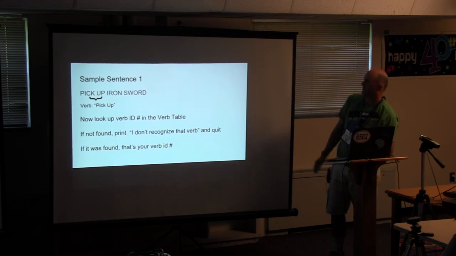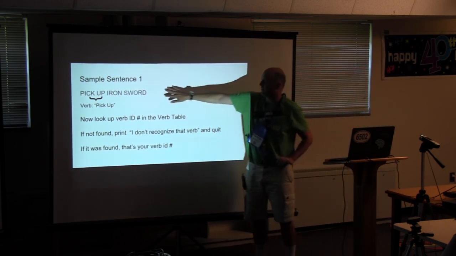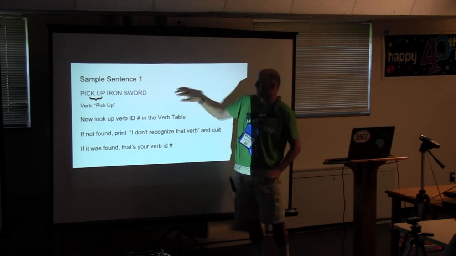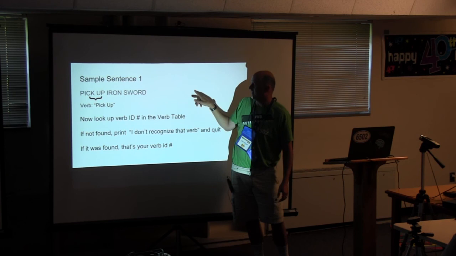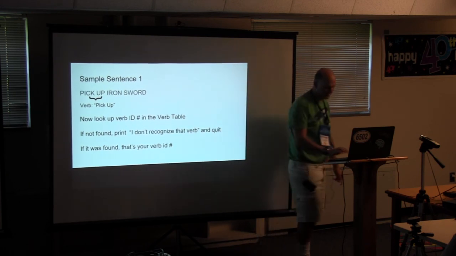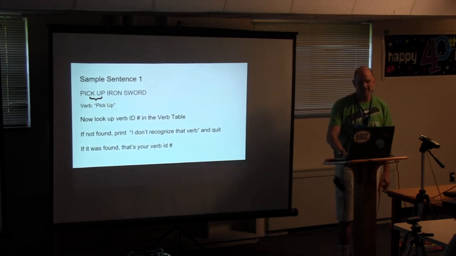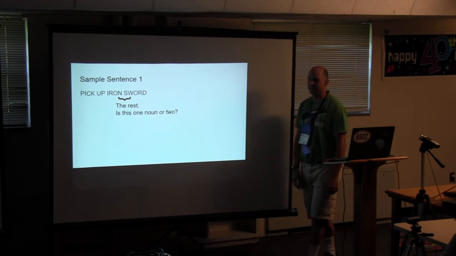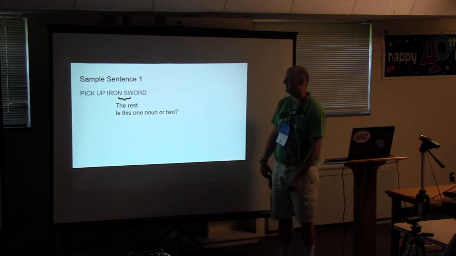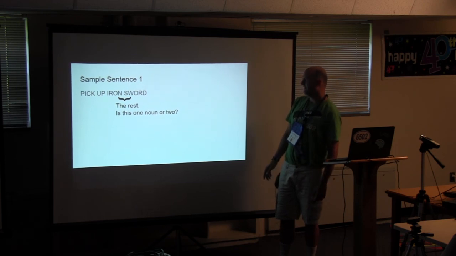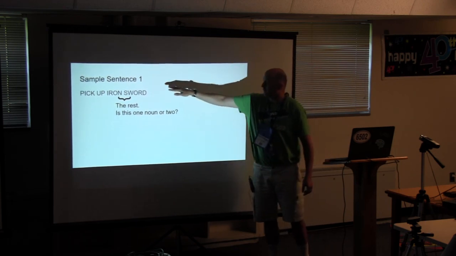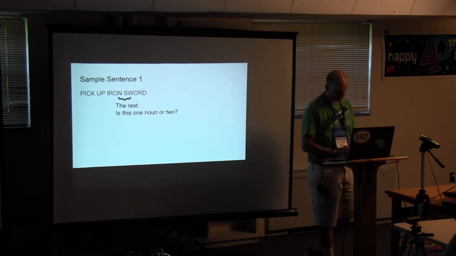So the next thing is, can you find a preposition here that would be breaking, like pick up the iron sword with the pliers or the tongs or something, right? If you can find a preposition here, then you've got an indirect object stuck on the end. That's not the case here. So the rest of this thing, the predicate, has got to be the direct object of the sentence. So both of those words should be applying to the same object.